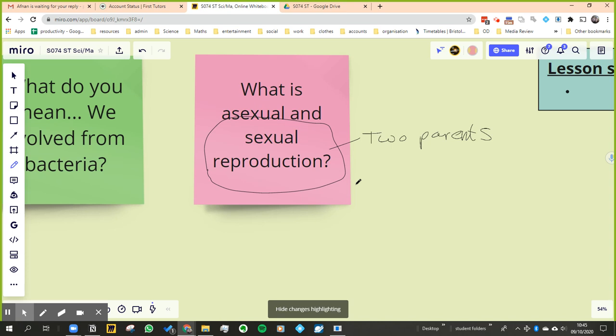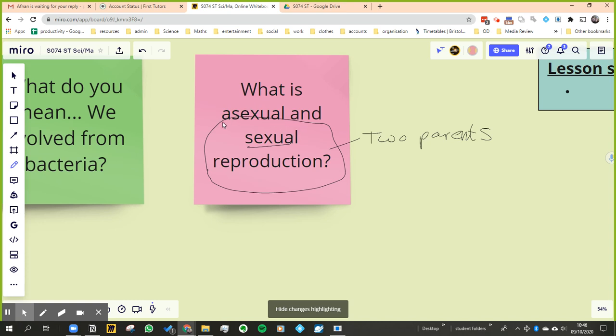So plants would use pollen, and one plant would produce pollen, and that could be carried by the wind, or by an insect, or sometimes by an animal, and then delivered to another plant. So the plant that produces the pollen is acting like the father, and the plant that's receiving the pollen is like the mother. So there's two parents in that case. Whenever there's two parents, we're talking sexual reproduction.